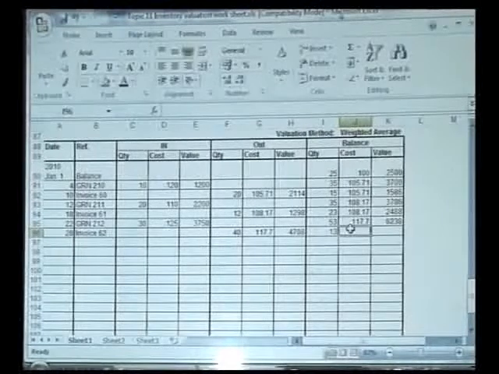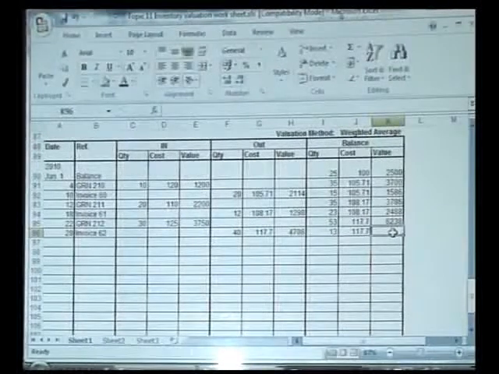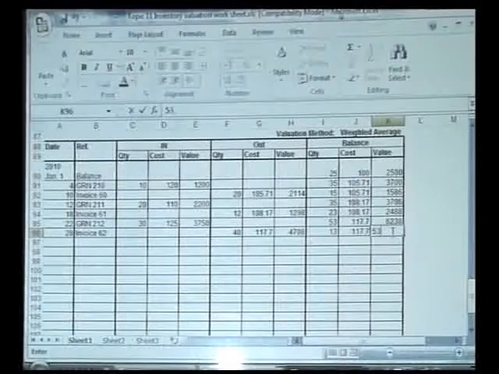Stock on hand 13 at 117.70. Then the value of the stock on hand is 1530.